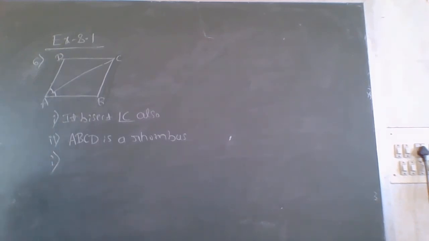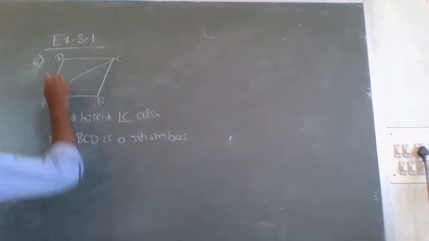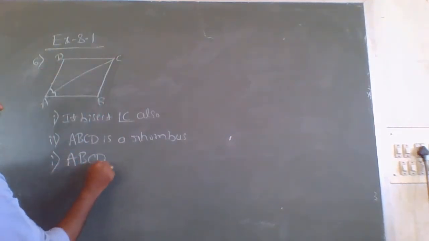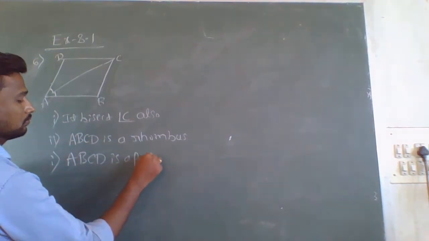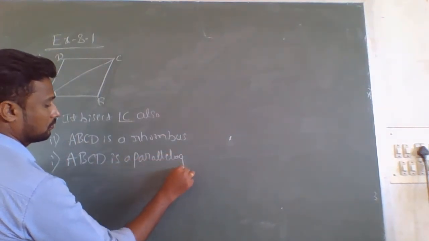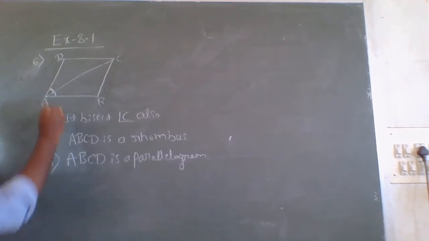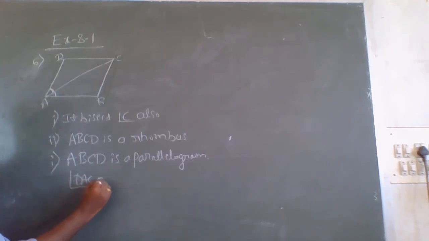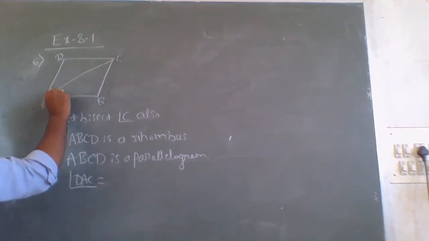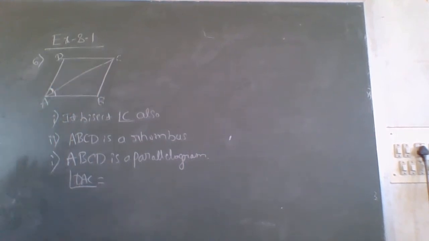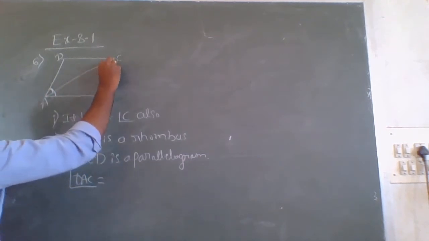You know that ABCD is a parallelogram. In this parallelogram I will consider these two angles: angle BAC, this angle, equals angle DAC, equals angle BCA, this angle.